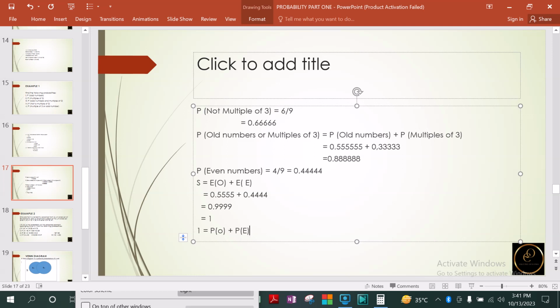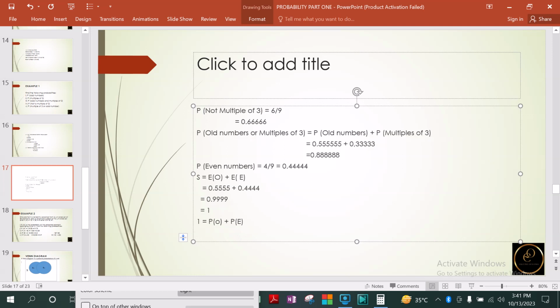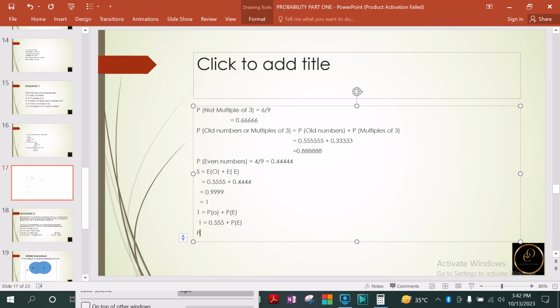And you know that in this particular case the sum is 1. Let's say you know this is 0.555, and you don't know the probability of the even number, then you just make the probability of even number the subject of the formula.